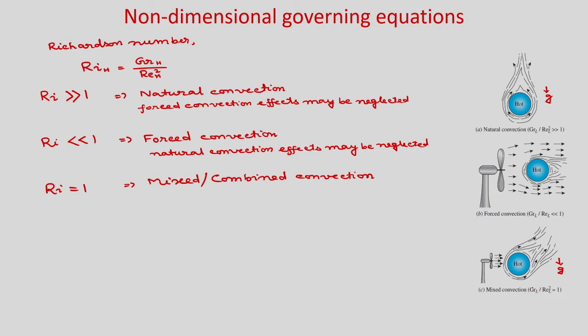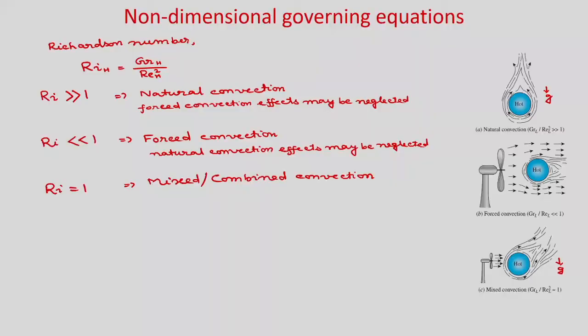Now, from here you can see that if you choose the velocity scale in such a way that the coefficient in the buoyancy term in the theta will become 1. Because reference velocity is arbitrary, right, it can be chosen to simplify the form of the equation.